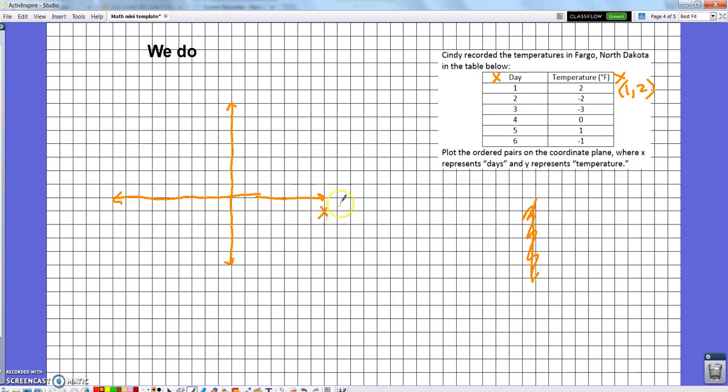So there's going to be my x, or my days, and there's going to be my y, or my temp, and we'll just plot those points on the plane. Notice this one starts with day 1 instead of 0. Sometimes 0 is the first day, like starting now, or sometimes 1 is the first day. It just depends on what it means in the question.